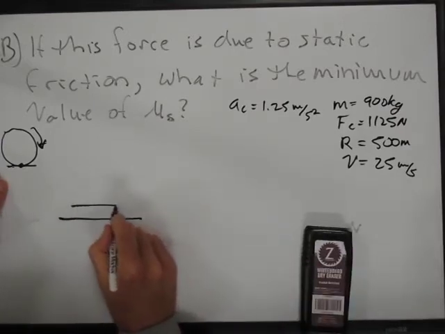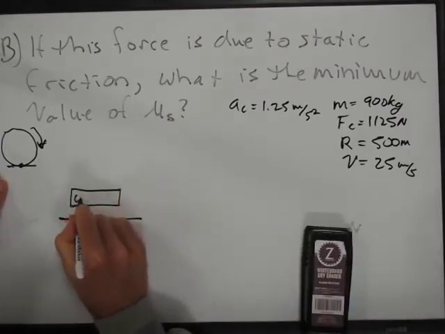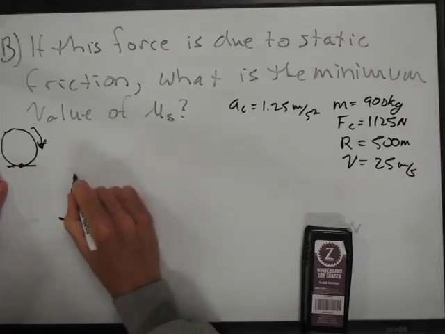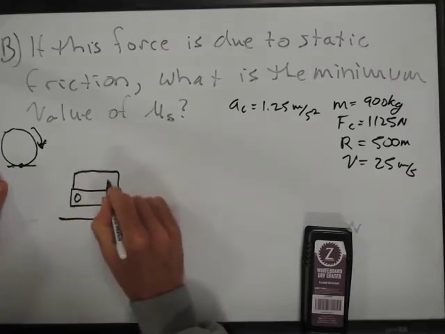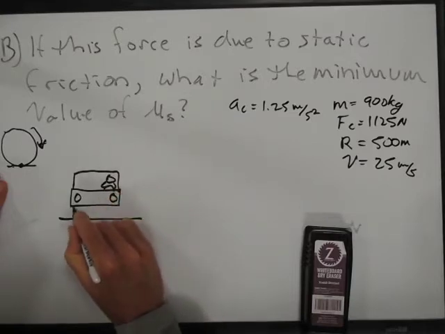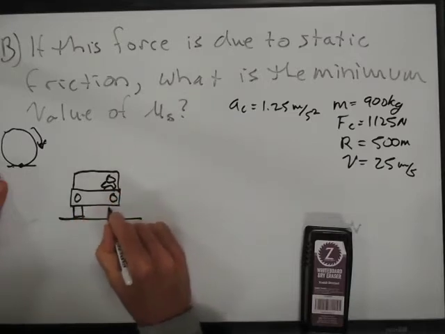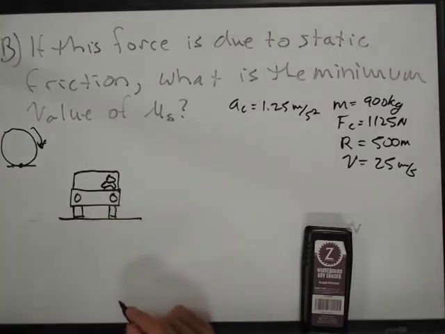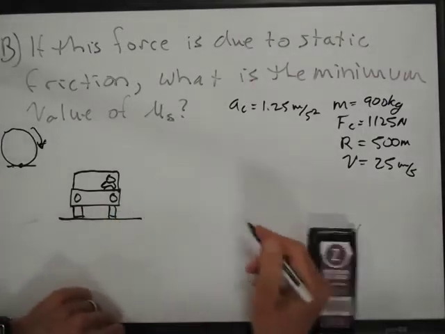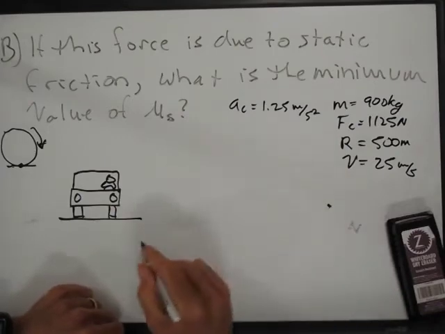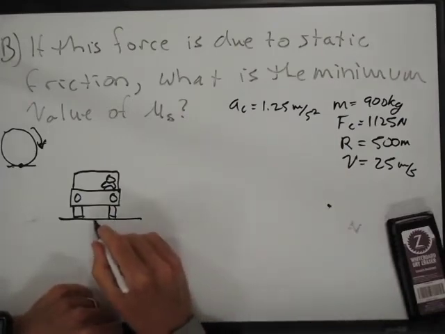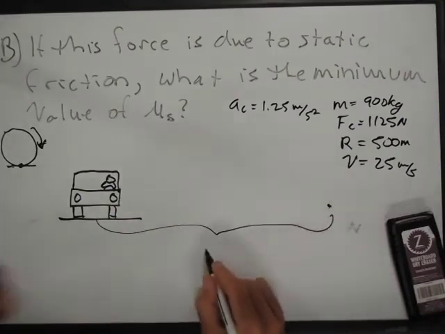Here's the car. There's a person driving the car. There's a steering wheel, like that. And so now the car is coming at you. And here's the center of the circle over here. And so this distance is 500 meters.